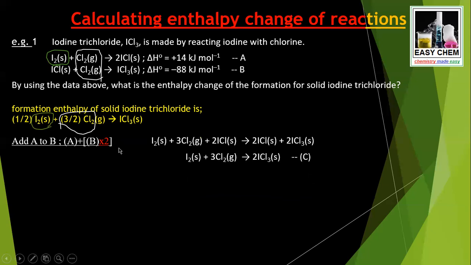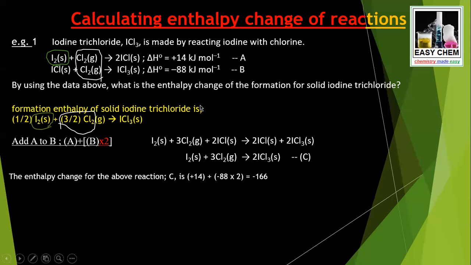Similarly, we have on the product side 2 ICl and ICl3 also, twice. Now we can cancel similar substances on the left-hand side and right-hand side, and we get the final equation, which is the equation C, where we have I2 plus 3 Cl2 going to give 2 ICl3.